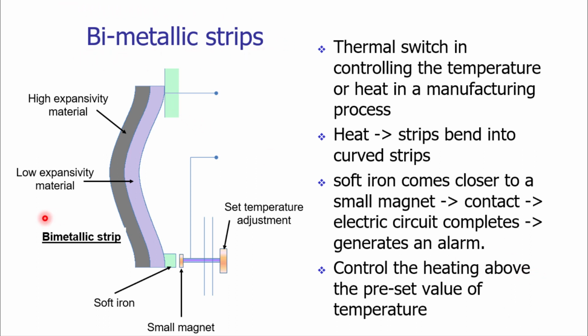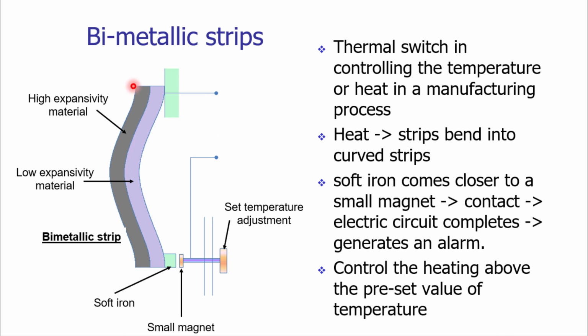The construction of a typical bimetallic strip can be seen on your screen. It has two strips and these two strips are bonded together. So we can call it a composite strip. The top layer of the composite strip has a material with a high coefficient of expansion. On the inside we have a material with a low coefficient of expansion.